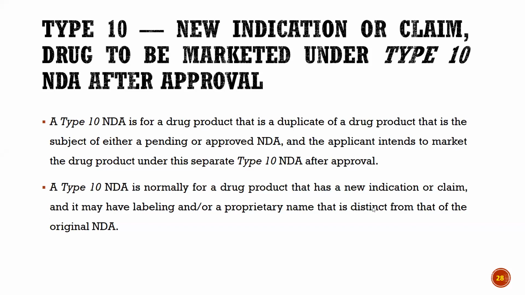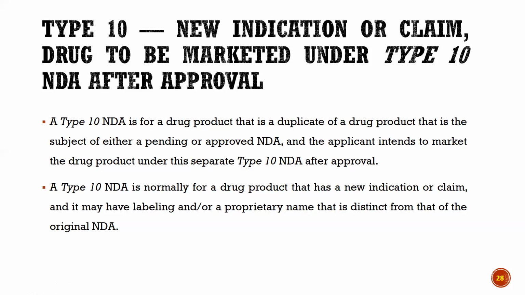A type 10 NDA is normally for the drug product that has a new indication or claim, and it may have labeling and a proprietary name that is distinct from that of the original NDA. Whenever a new indication is there, in that case, after getting the approval from the health authority, the drug can be marketed.